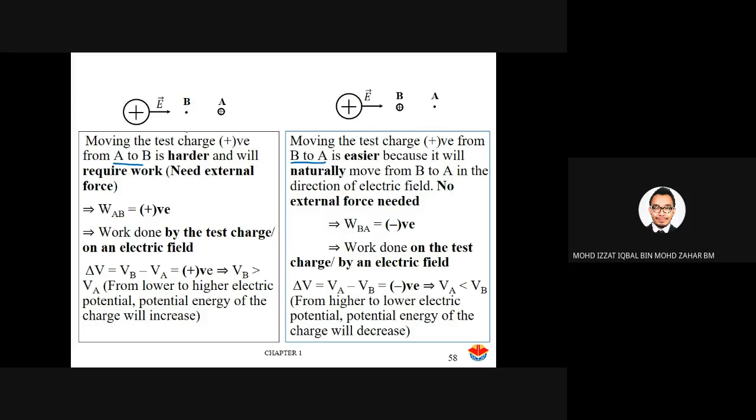If I want to move from A to B, I put an arrow over here. So I want to bring two positive, equal charges closer together. I have to apply some work. So you need external force. So you will expect the work done is positive.